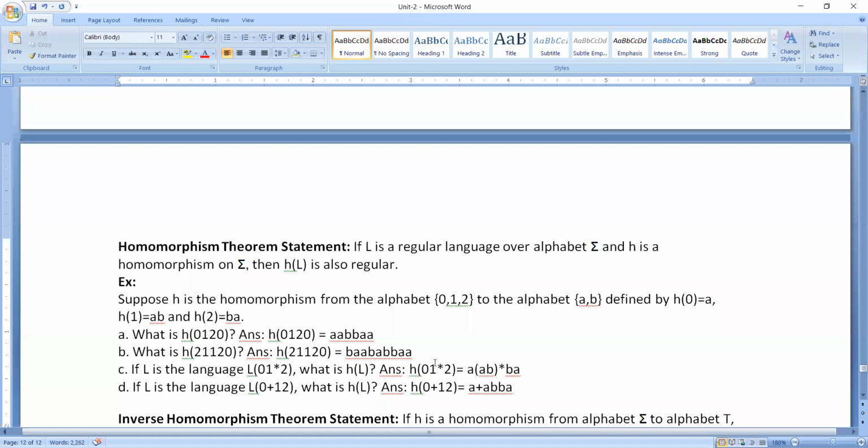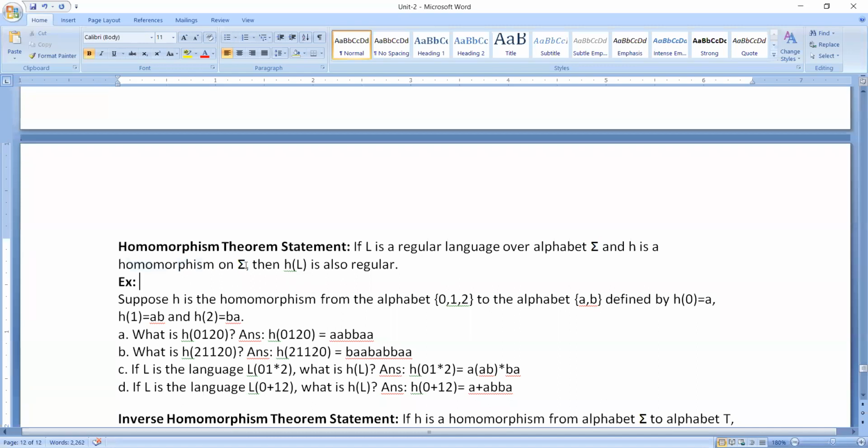If you observe thoroughly, our homomorphic function works on some alphabet and our language works on some alphabet. Using this homomorphism function, we are mapping from one alphabet set to the other. That is why in our problem statement we have two alphabets: one is the alphabet sigma working on language L, and another alphabet sigma working on the homomorphism function.